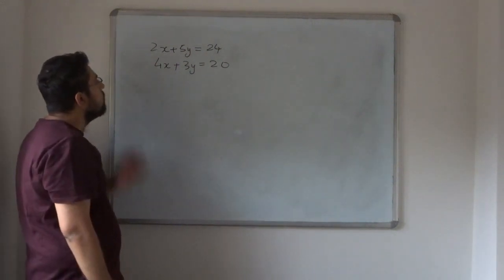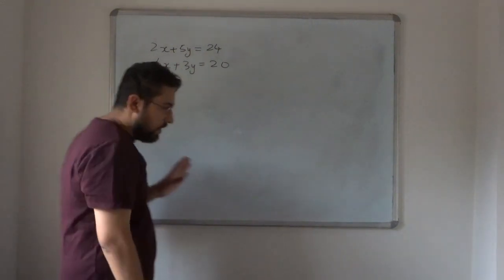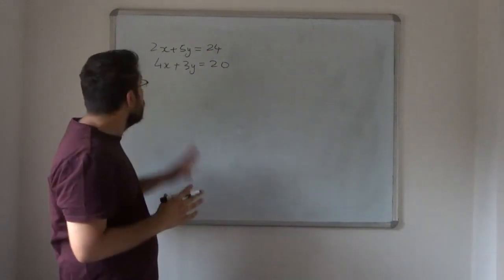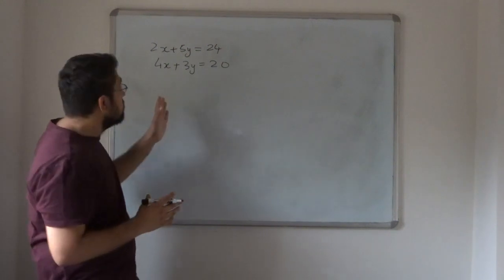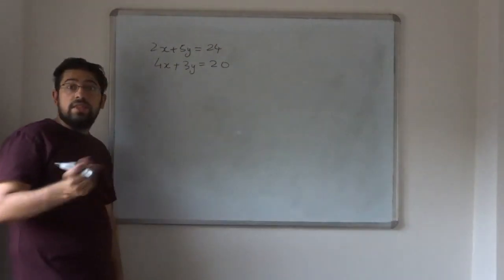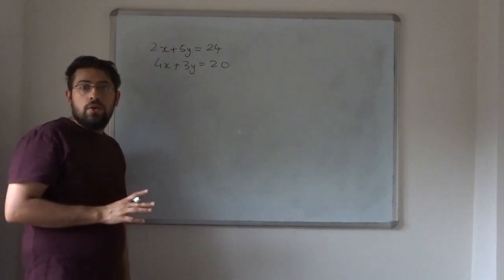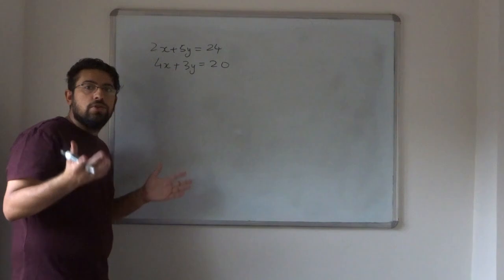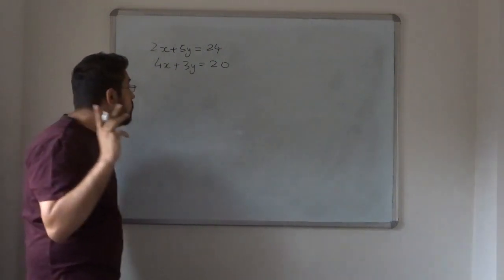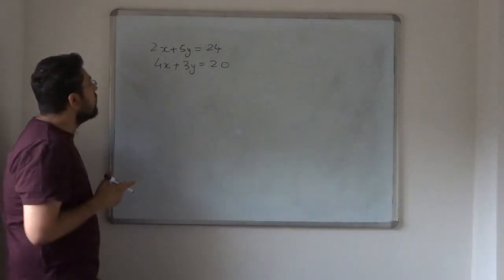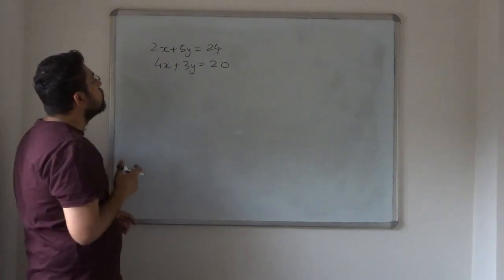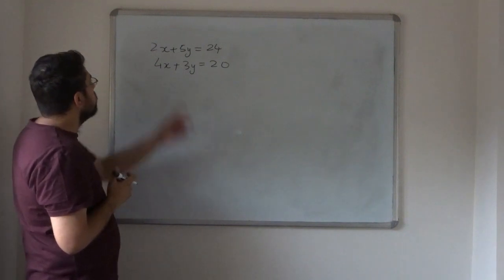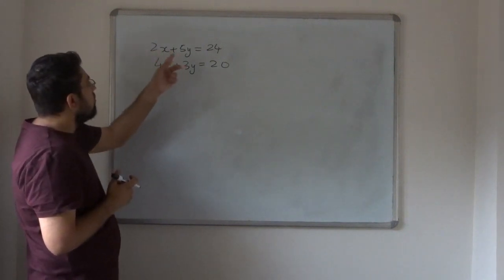Remember what I told you guys, that now you are eliminating, you are knocking out either the x's or the y's. It depends on you. It doesn't matter which variable you knock out, but it depends on which one you want to knock out. Here I feel it's easier to knock out the x, because you have 2 and 4, and you have 5 and 3.